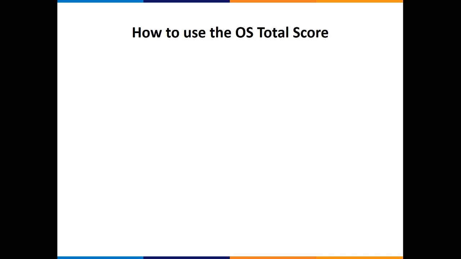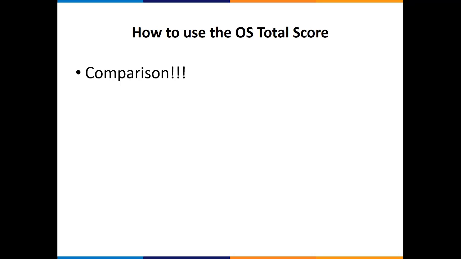Okay, so now, how to use the OS total score. And folks, I've just got one word here: comparison. Where the OS total score really excels is when you need to do comparisons, whether it's comparing one student to another student, a school to a school, a district to a district. The OS total score is great for doing that.